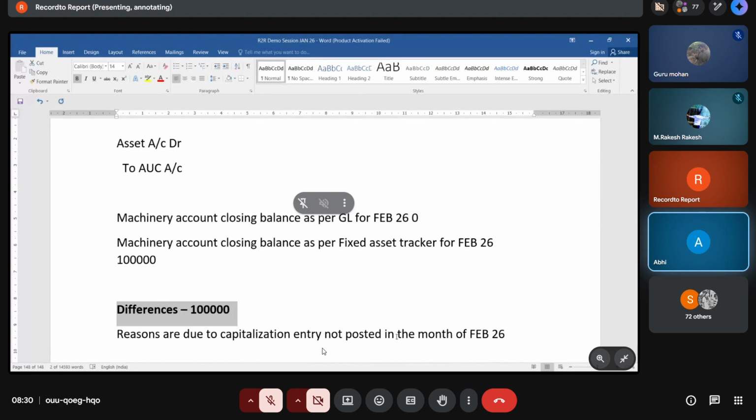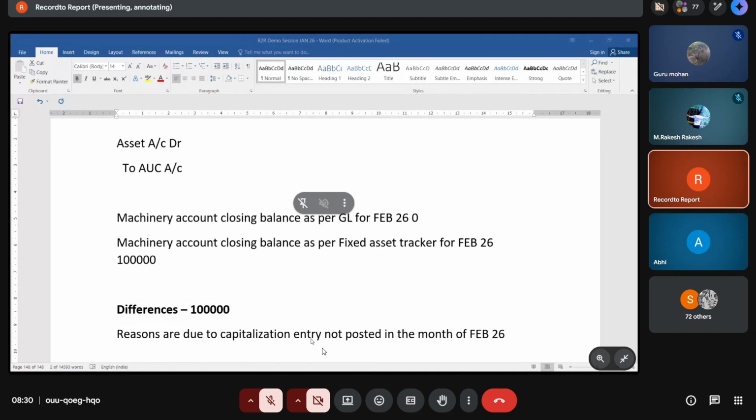In these cases, we need to treat it as an open item. What is the rectification entry to be posted for this account?